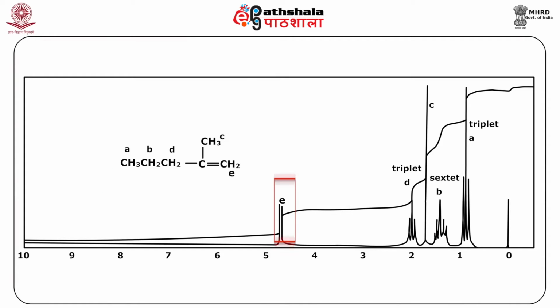Students, you should note here that the vinyl hydrogens demarcated as He appear at 4.7 ppm and the allylic methyl group appears at 1.7 ppm and allylic methylene groups appear at 1.9 ppm. You can see the various protons are marked and you can see their peaks in this figure.